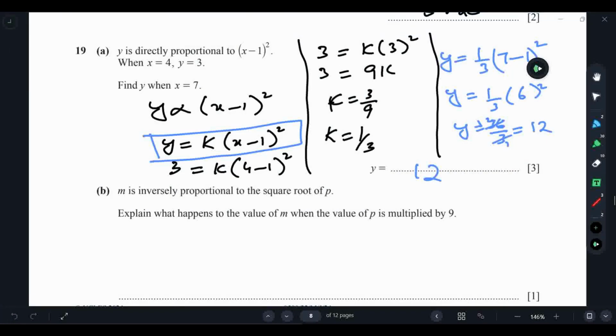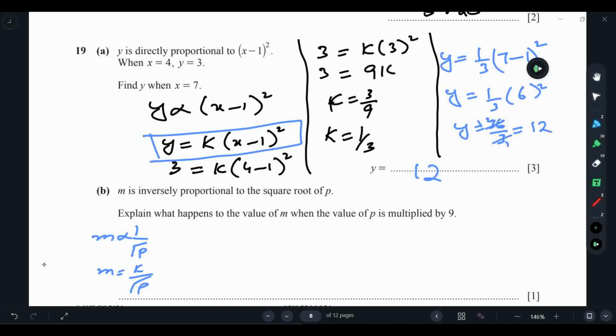Now let's check 19B. For 19B, m is inversely proportional to the square root of p. So it means m is equal to k by square root of p. Explain what happens to the value of m when the value of p is multiplied by 9.